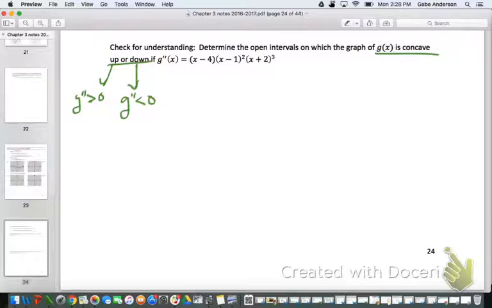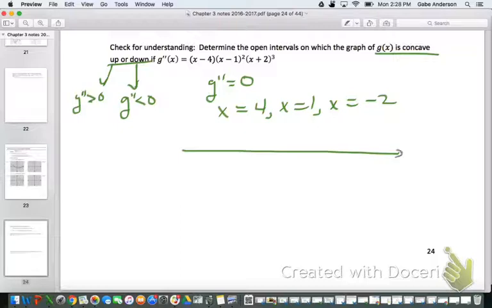Okay, so in order to get an idea of the intervals we'd want to consider, we want to set g double prime equal to 0. And we can see if we set g double prime equal to 0 and solve, we're going to get three values. We're going to get x is equal to positive 4, x is equal to positive 1, also x is equal to negative 2. So those are going to be our three values that determine which intervals we consider.